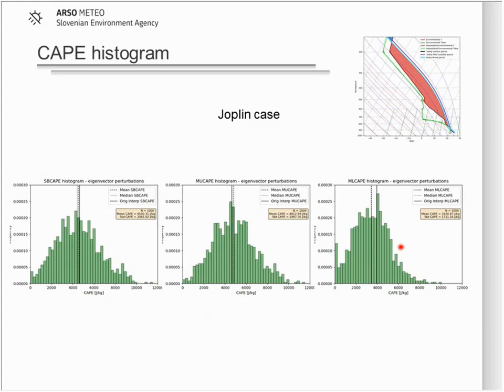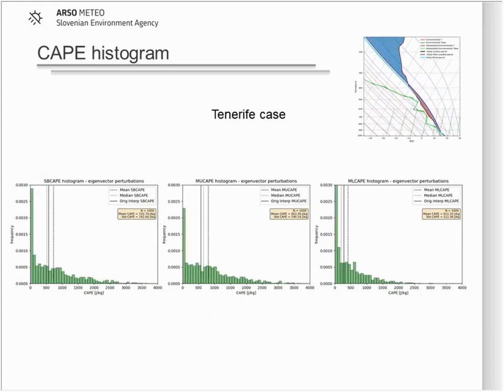However, when we now look at the Tenerife case, we see a completely different distribution, and we don't see the kind of Gaussian distribution anymore. It's not even exponential. What we see here is a large number of cases where we have zero CAPE.